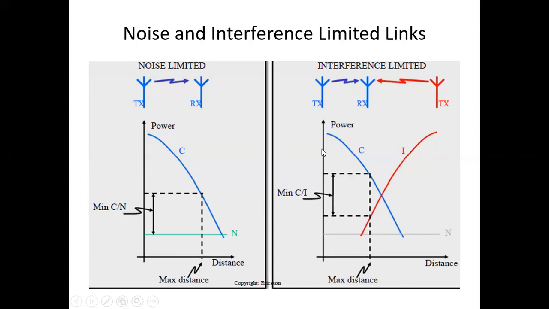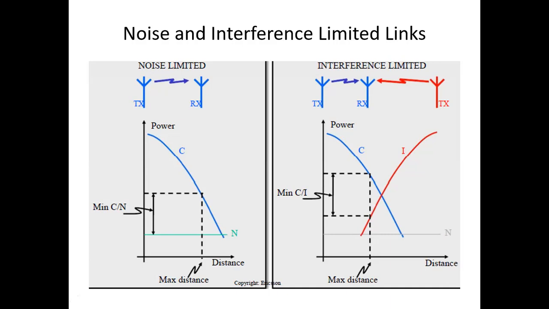So your carrier power is degrading because you're going further away. On top of that, you have the interference increasing, as you're getting closer to the other source transmitting at the same frequency. So it is affecting you in both ways.